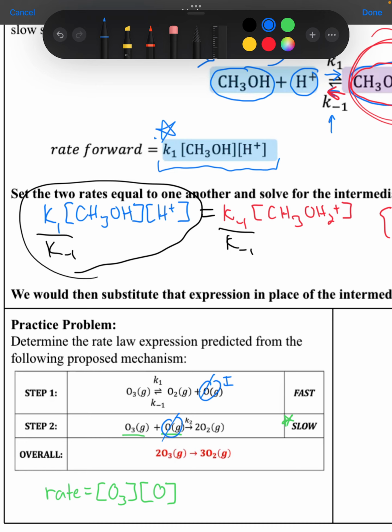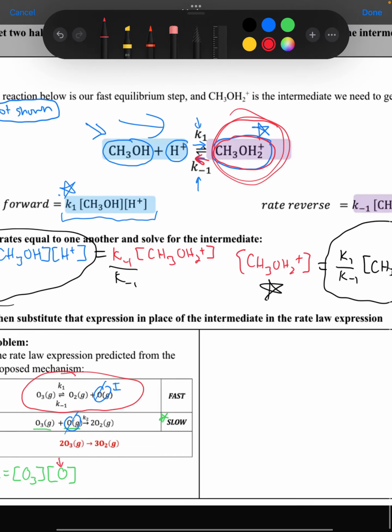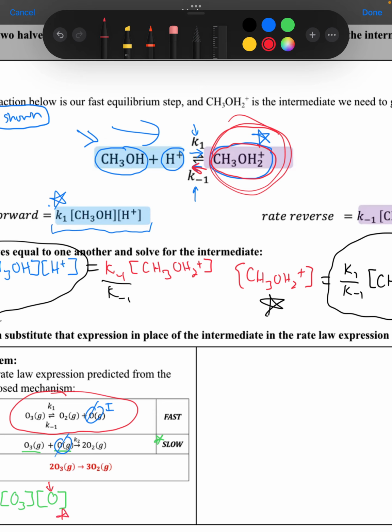Okay? So we are going to use this cool fast equilibrium step up here to sub out for this intermediate in our rate law. So over here, keeping in mind that I'm trying to sub out for this thing, we're going to set our forward and our reverse reactions equal to one another.